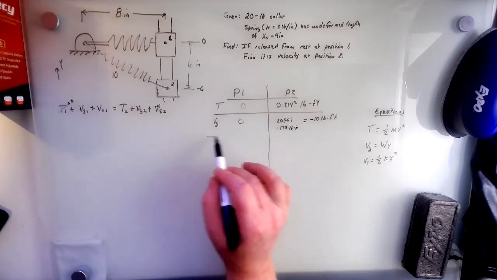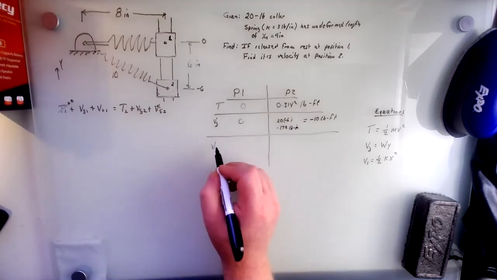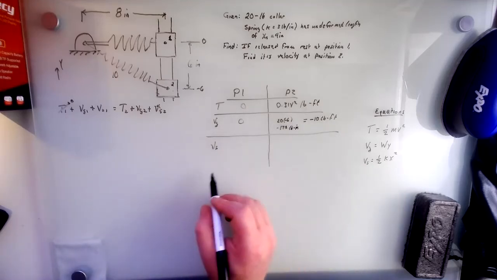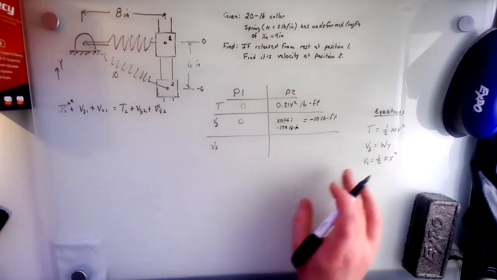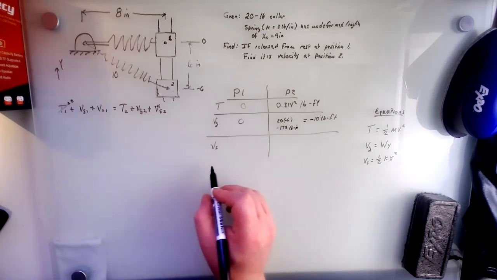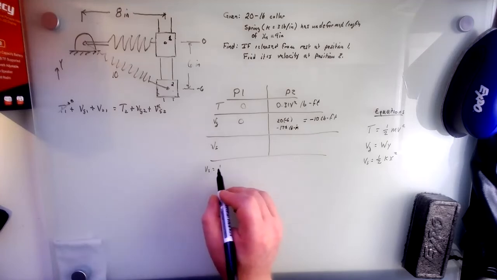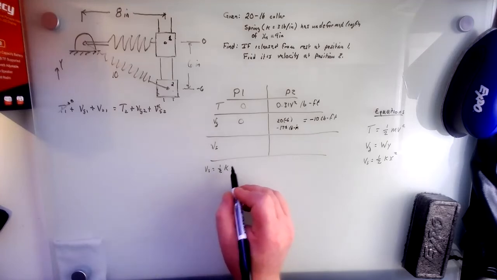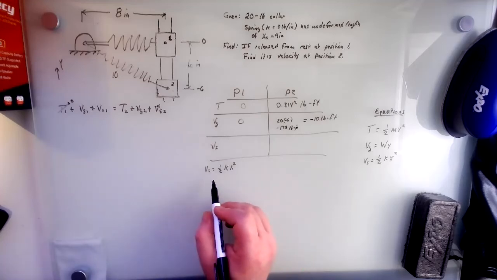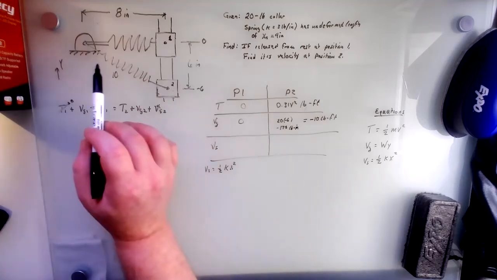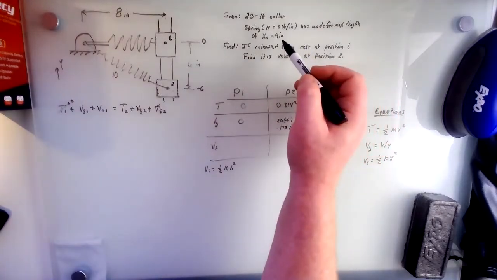Okay, our spring, so that is 1/2 kx squared. At position 1, it was expanded by 4.